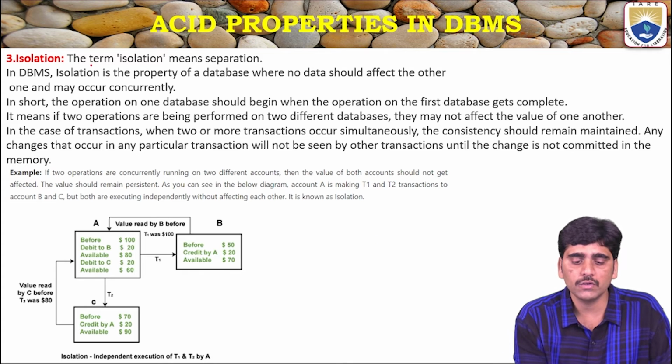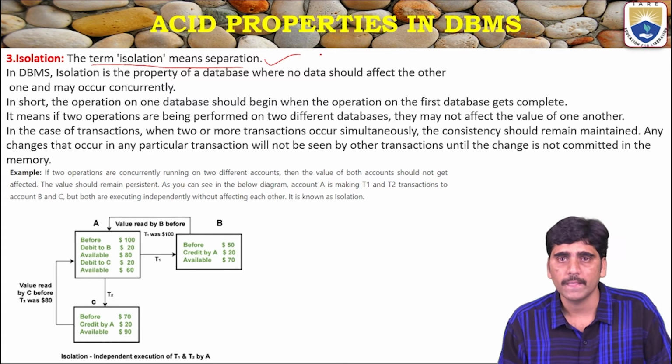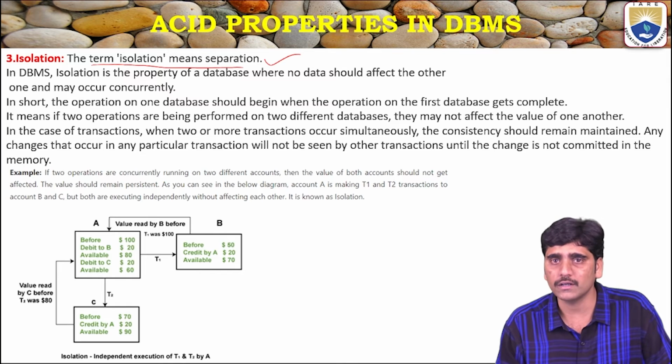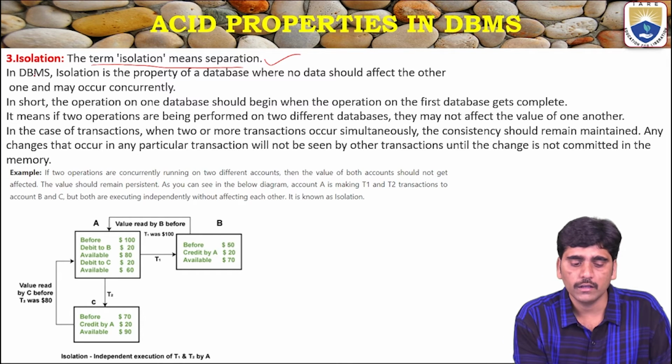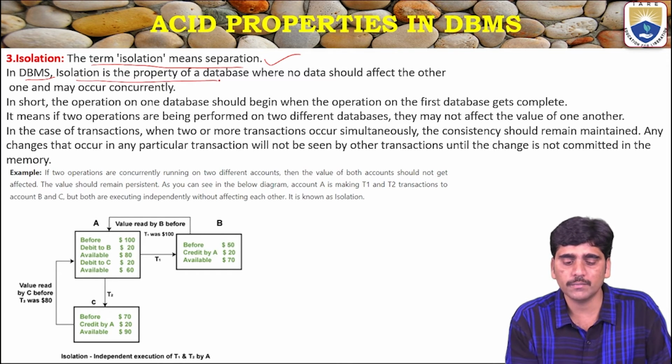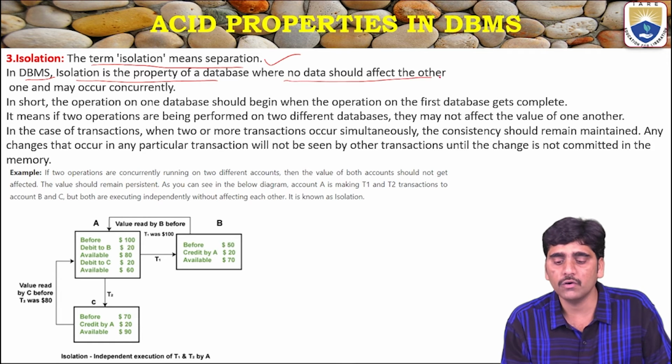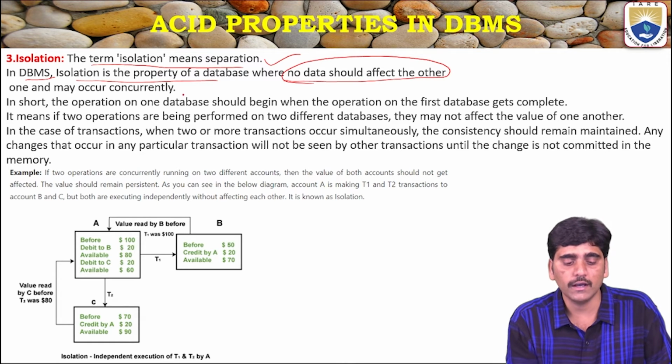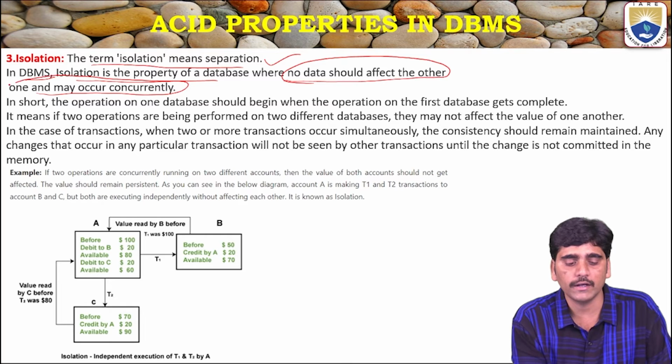The term isolation means separation. That means you are doing individual transactions for individual account holders. In DBMS, isolation is the property of a database where no data should affect the other, even when operations may occur concurrently.